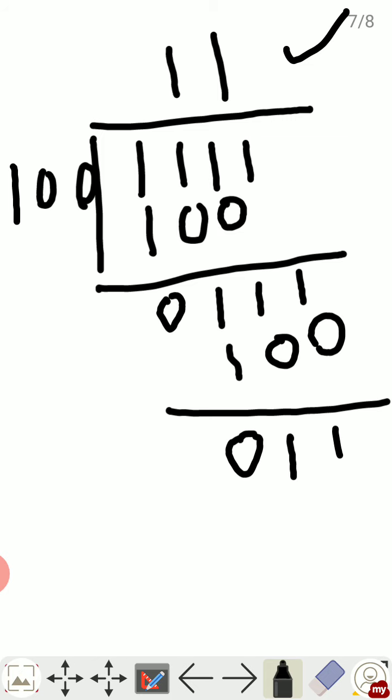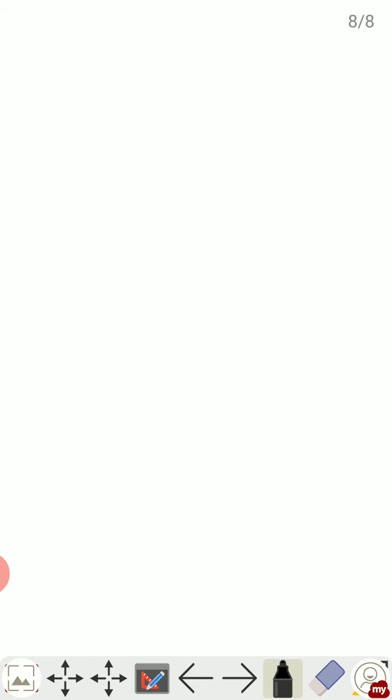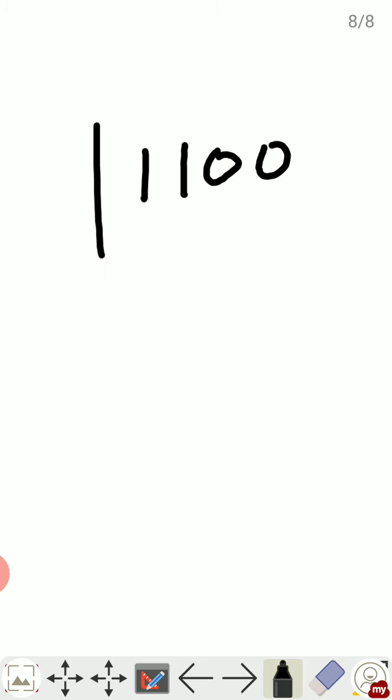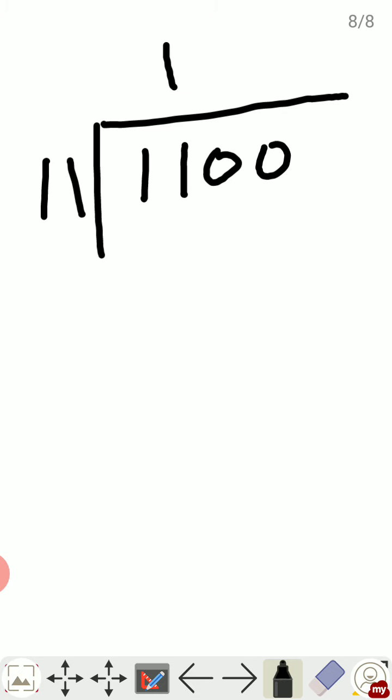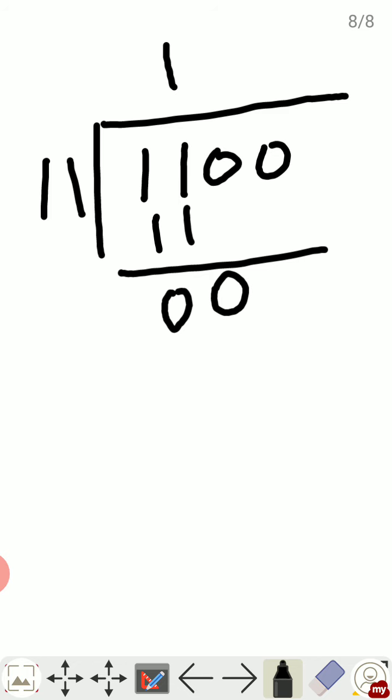Let's take one more example. Suppose we divide 1100 by 11. So this will go 1 time, 11. So this is 0. Again this is 0. Now one more 0 will come down.